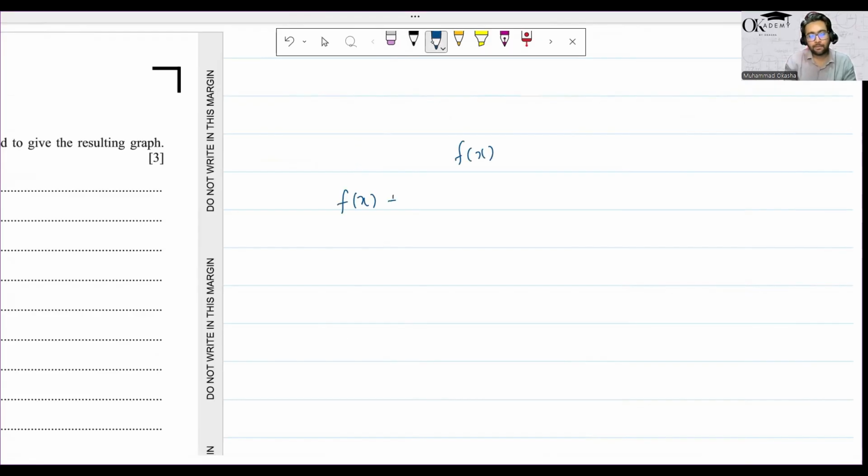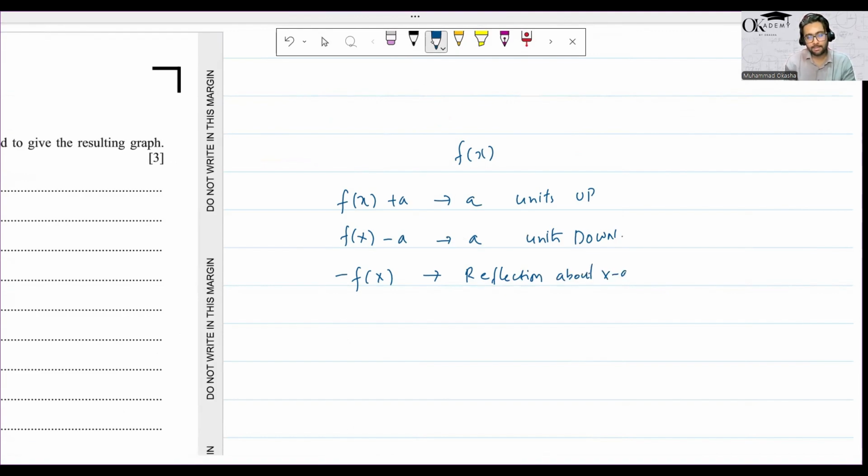If we were to do f of x plus a, it means a units up. If we do f of x minus a, it means a units down, right? If we were to do minus f of x, that is a reflection about the x-axis.